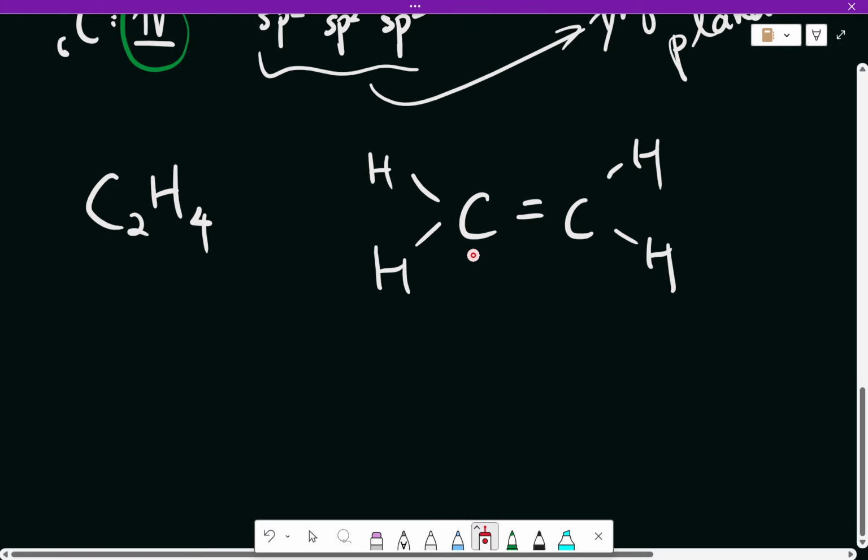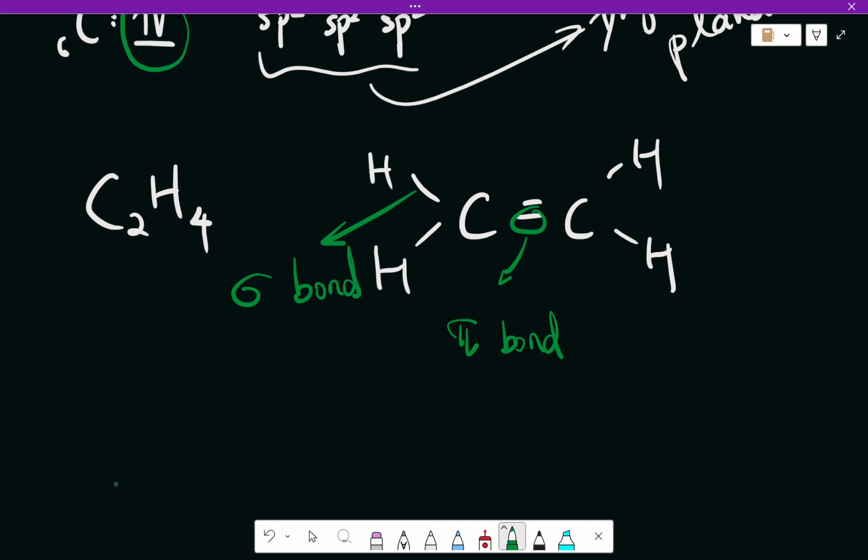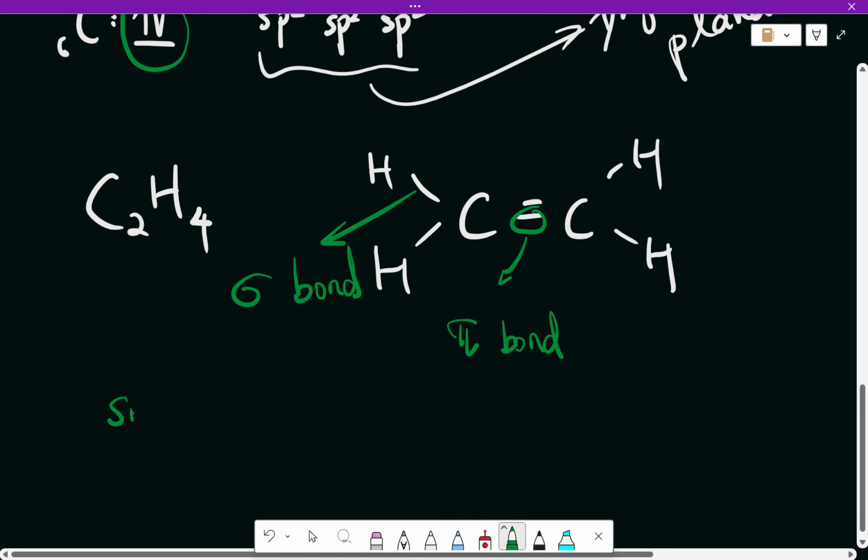So we call this second bond, which is formed by the unhybridized p orbital, a pi bond, and the other single bonds are called sigma bonds. So the general pattern would be for all single bonds, it is a sigma bond.